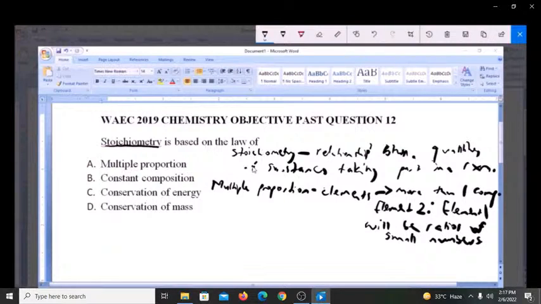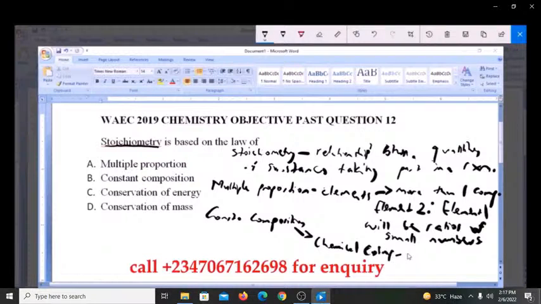Next, let's look at the law of constant composition. Now, in the law of constant composition, a given chemical compound will always contain its component elements in fixed ratio.